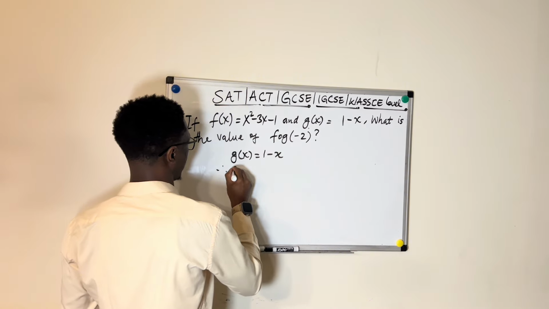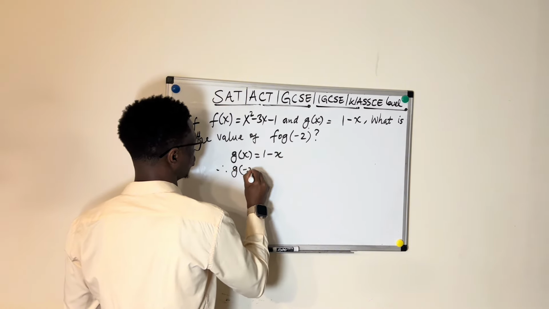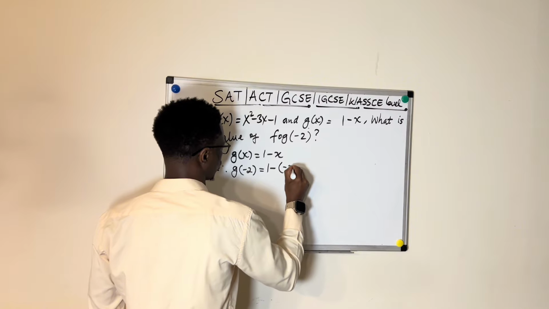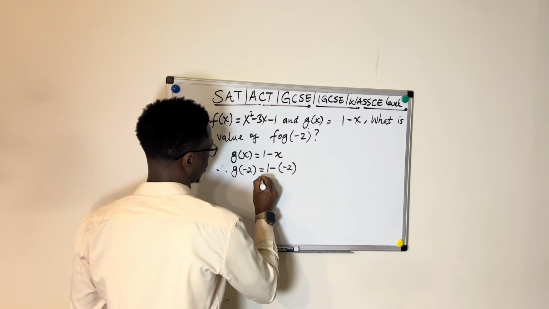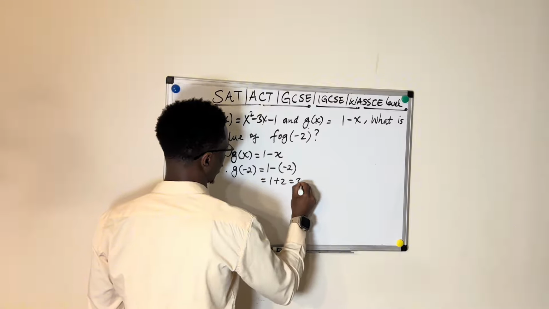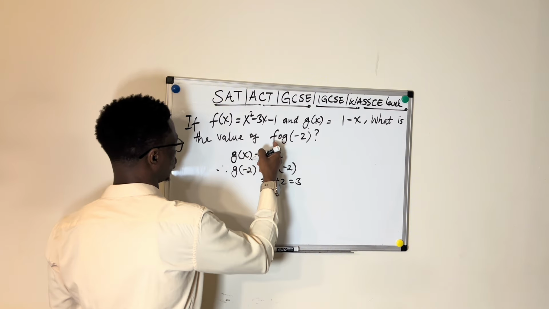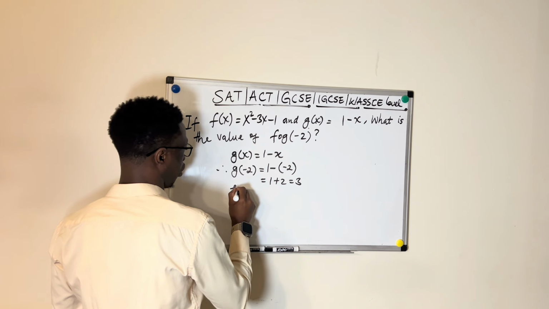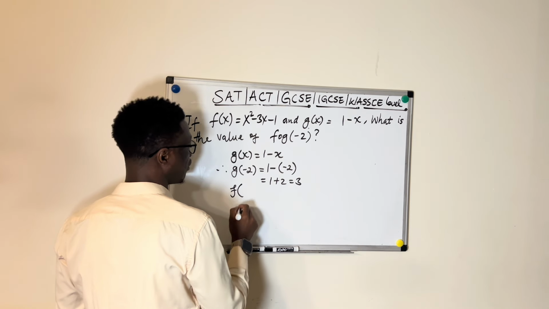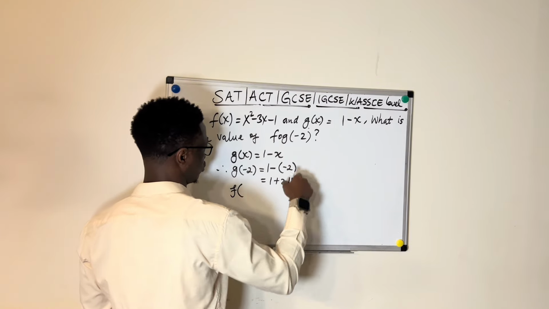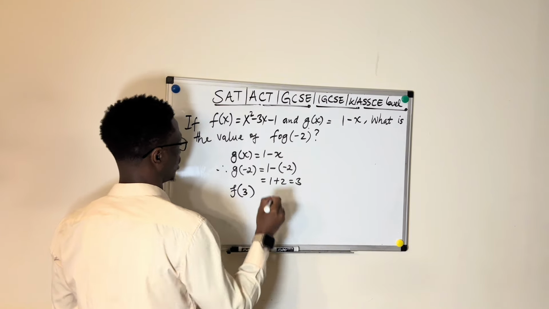So my g of minus 2 is 1 minus minus 2. So this gives you 1 plus 2. Your answer here becomes 3. So the original function now becomes f of 3.